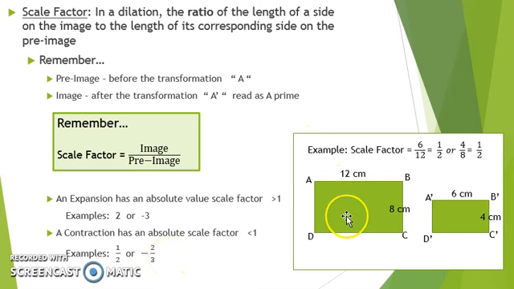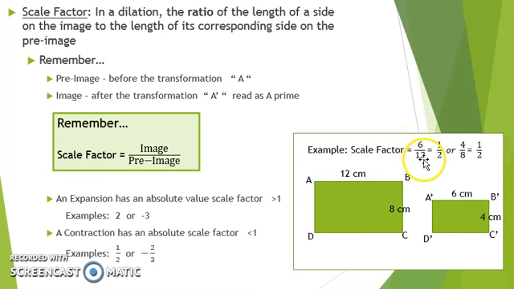Here's an example where the preimage ABCD is being dilated, in this case contracted, to the image A prime, B prime, C prime, D prime. In order to determine the scale factor, we would look at the image A prime, B prime, C prime, D prime, the figure to the right, and we would take the side measure, say A prime B prime, and compare that, create a ratio to its corresponding side on the preimage ABCD, and in this case AB would be the corresponding side.